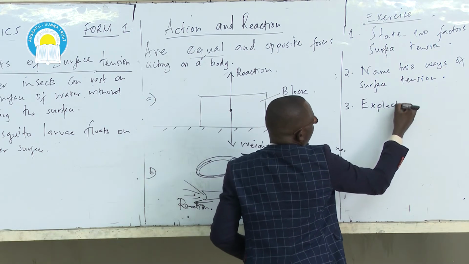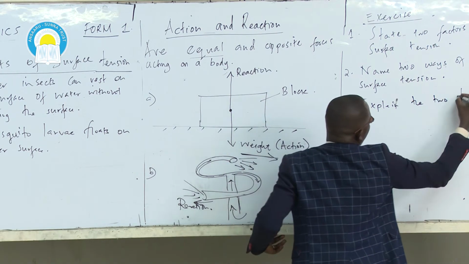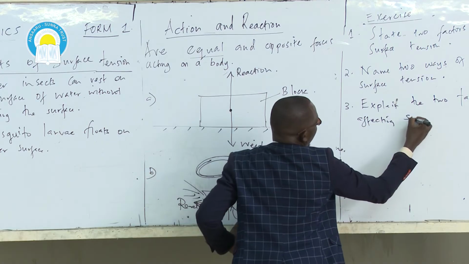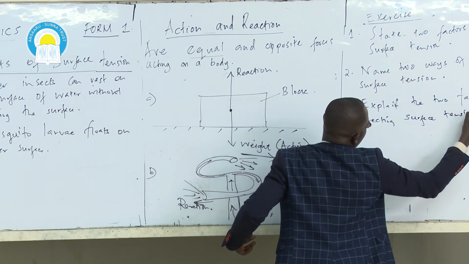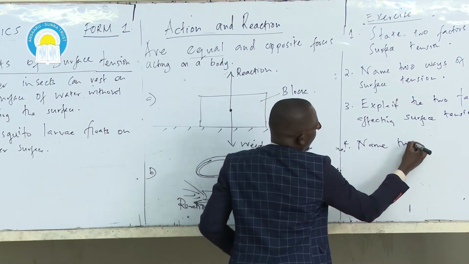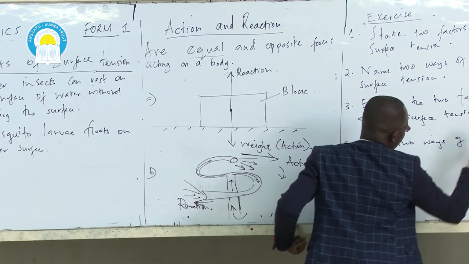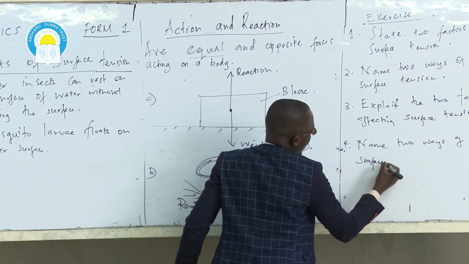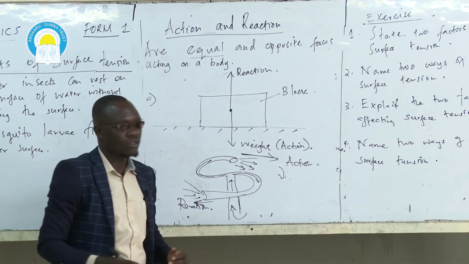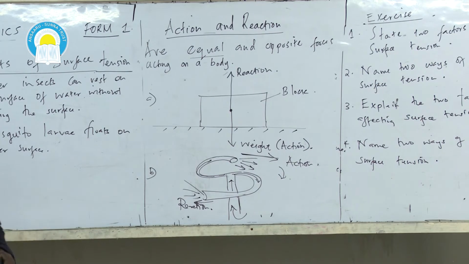Explain the 2 factors affecting surface tension. Lastly, question 4. Name 2 ways of lowering surface tension. Please, students, try these questions. Try answering those questions based on our explanation, based on our discussions in the previous subtopic about forces.